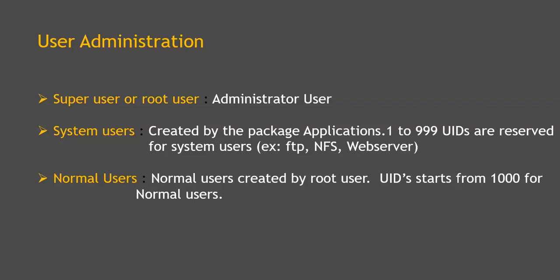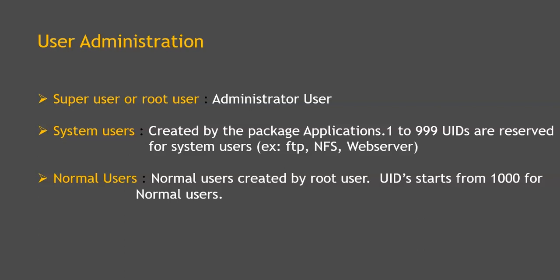Because the OS reserves UIDs 0 to 999 for the system users. Just now we discussed system users. Whenever an application is installed and it creates a user account, it will assign a UID from these reserved UIDs, which is 0 to 999.